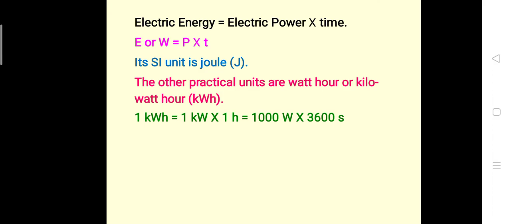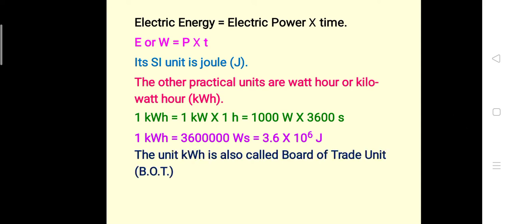So 1 kilowatt hour is equal to 3.6 into 10 raised to power 6 joule or watt second. The unit kWh is also called Board of Trade Unit, BOT. 1 kilowatt hour is equal to 1 unit of electricity consumed.